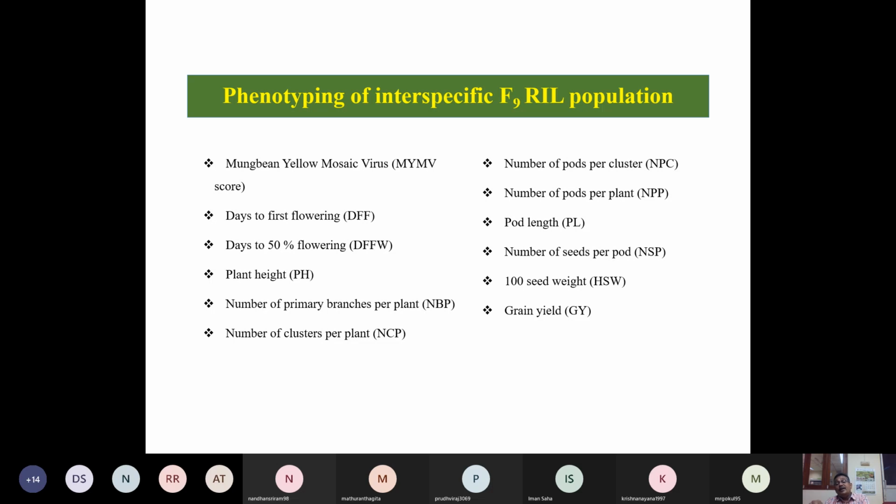So even in rice, the many traits whose genes we are now cloning were earlier mapped as QTL, including the salt tolerance gene Saltol, submergence tolerance, grain number, and flowering time. All of these were initially mapped as QTL, and then they resolved the region, fine mapped it, and were able to get a major effect gene for these kinds of traits. So like that, at the initial stage we try to map as a QTL.